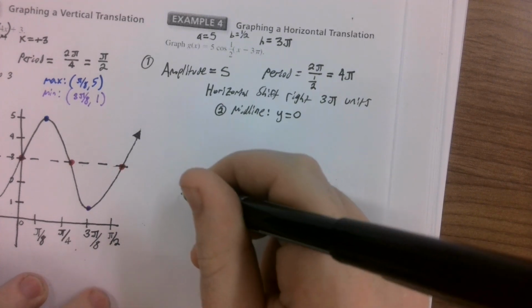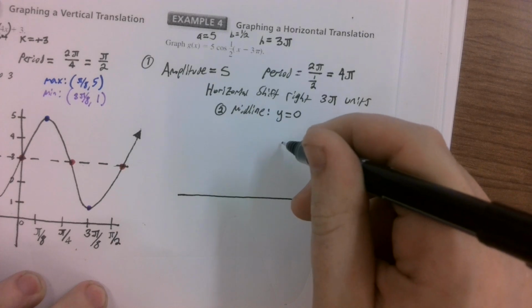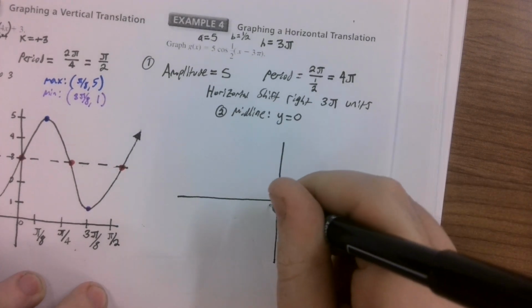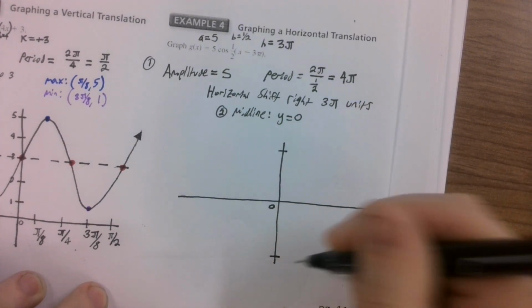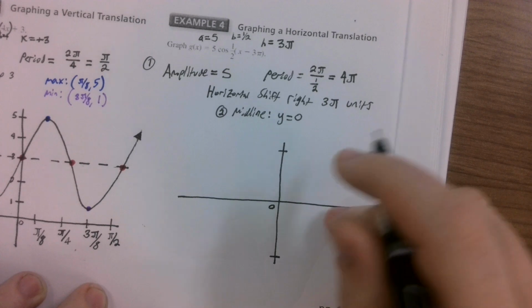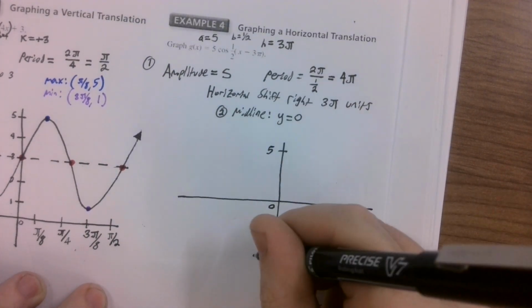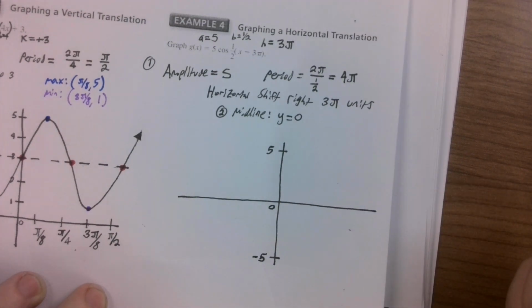Well, since we know we're not going up or down for our midline, I know that my graph can be pretty standard here. I can have my 0 here. I'll go up and down to my maximums and minimums. Since our amplitude is 5, we know our maximum is going to be 5, and our minimum is going to be negative 5.